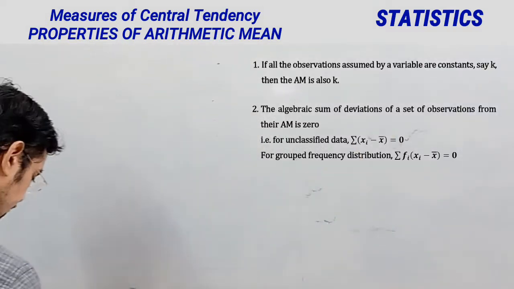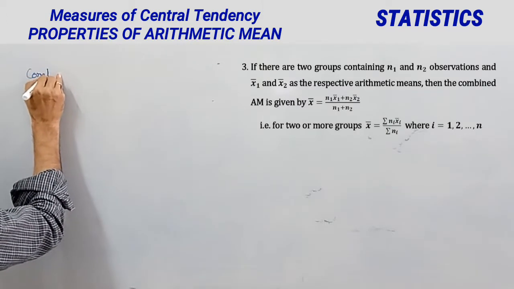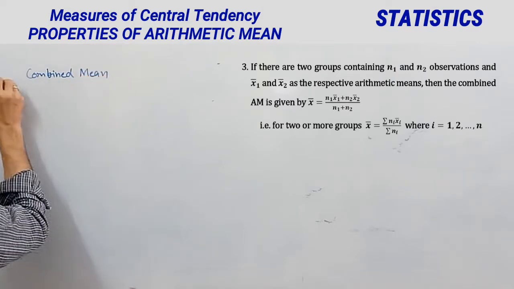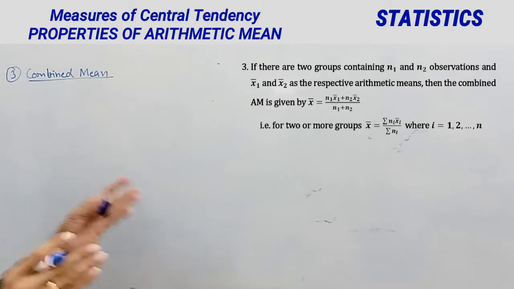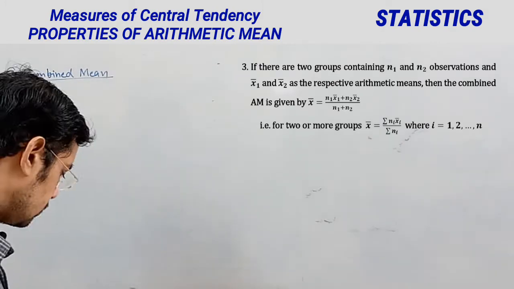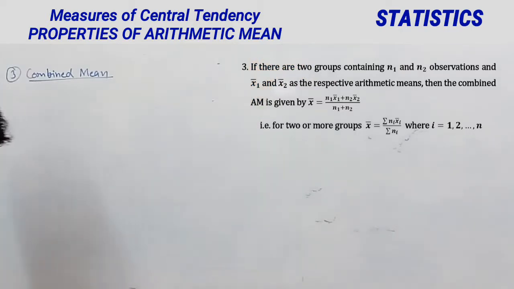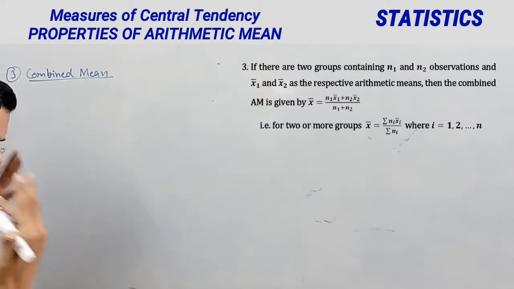Now we shall move on to the third property, which is the combined mean. How do we find the combined mean of two groups of observations? The formula is like that, so let us understand it using an example.